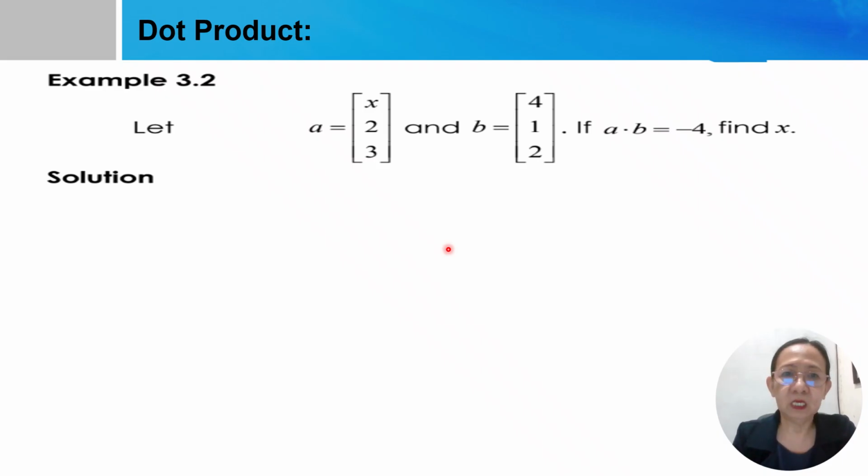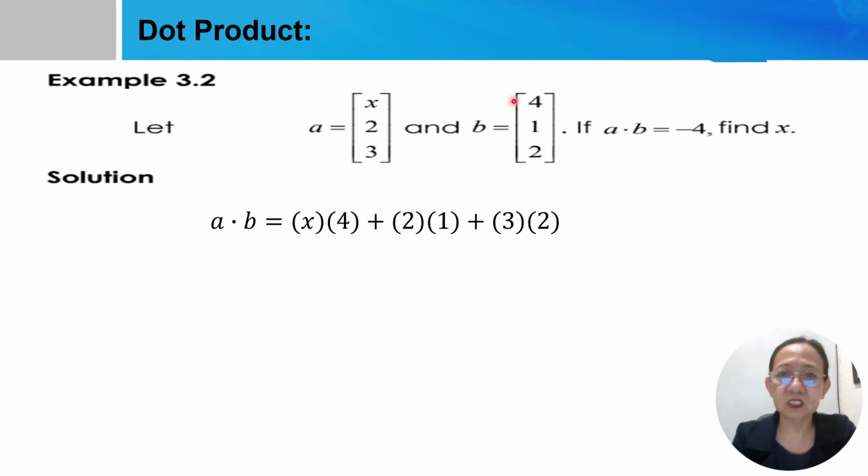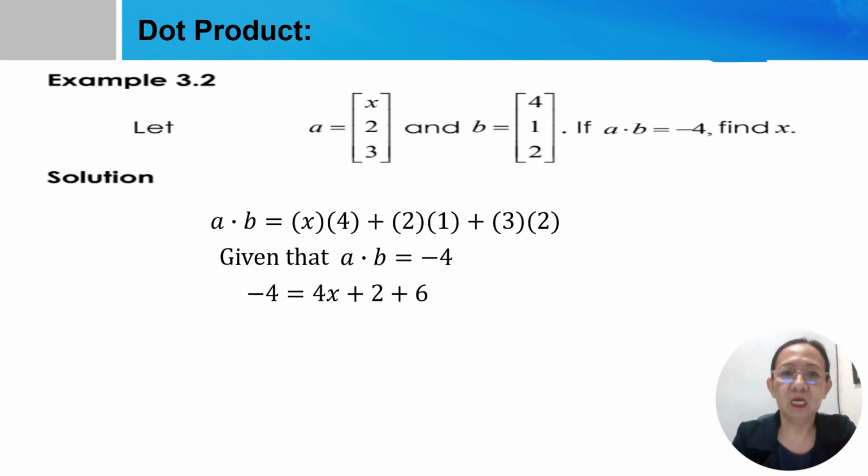To solve, A times B is equal to multiplying its entries: x times 4 plus 2 times 1 plus 3 times 2. By the way, the product A times B is equal to -4, so we have to substitute.